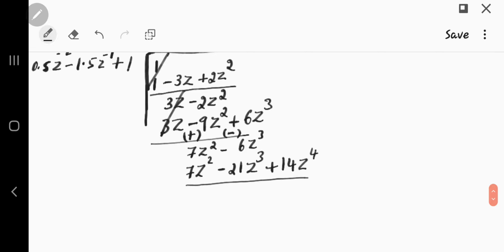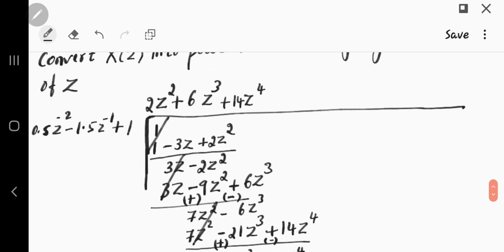Then these get cancelled. 21 minus 6 is 15z cube, minus 14z to the power of 4.